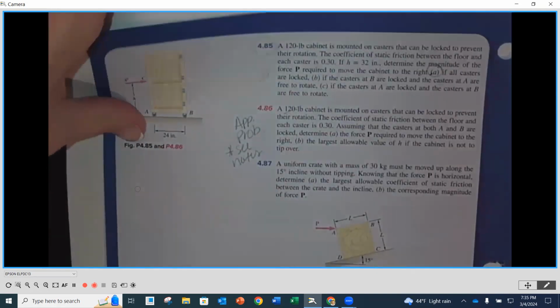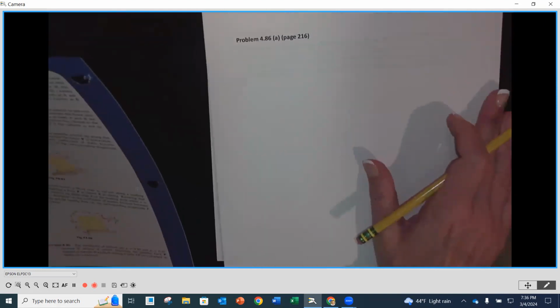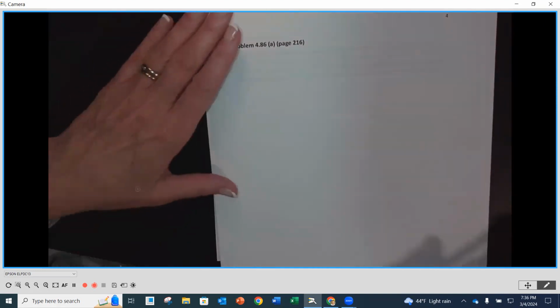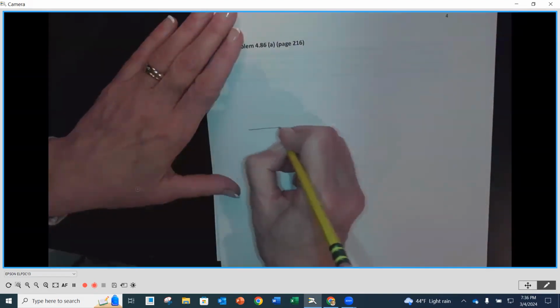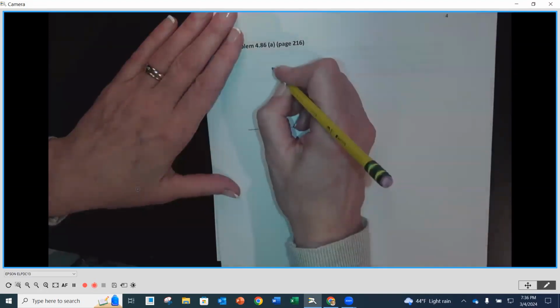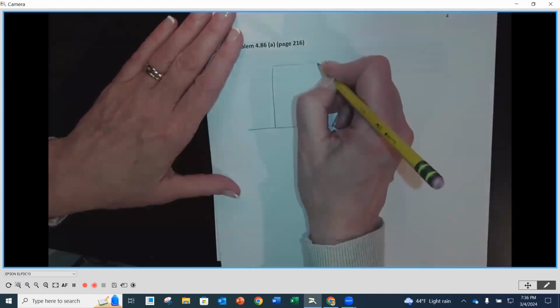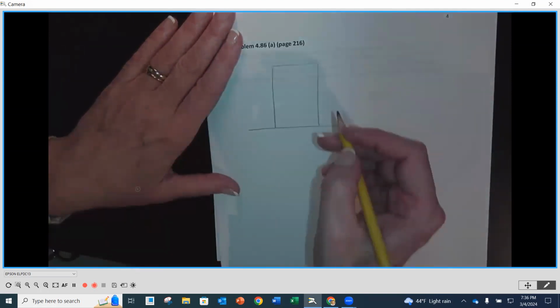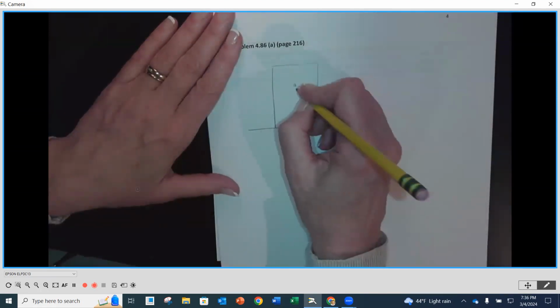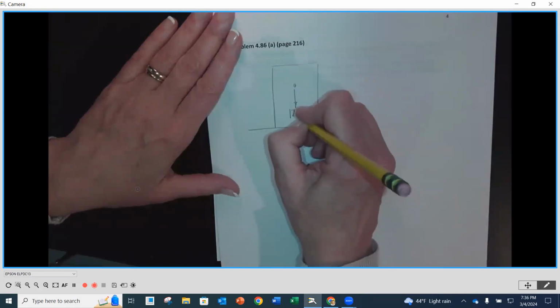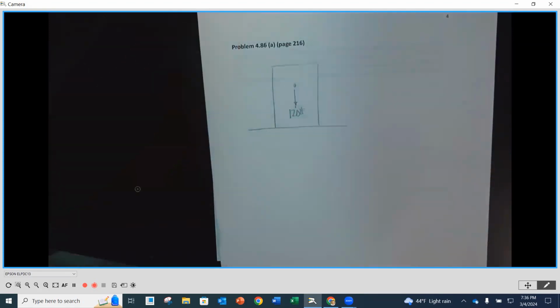So we are going to draw a diagram as we see it here, and we're going to simplify it a little bit. I'm going to draw the surface that it's riding on. Here's our cabinet. I'm not going to worry about the wheels. I'm just going to show it as a flat surface. I know that it's 120 pounds.